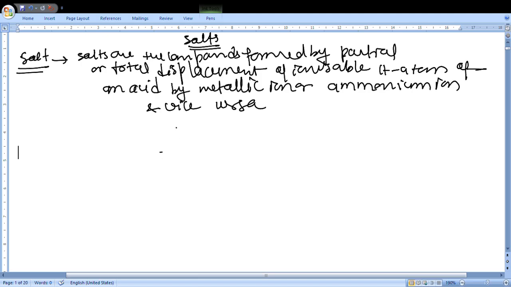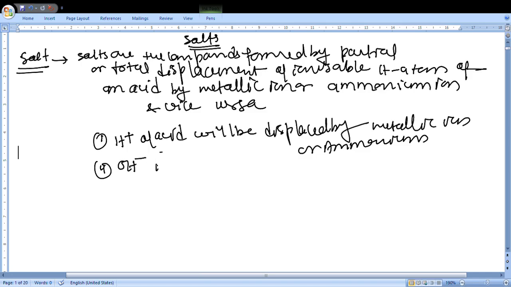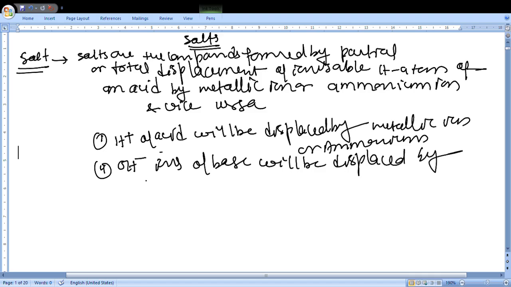Means in simple words that H positive of acid will be displaced by metallic ion or ammonium ion, and vice versa, meaning that OH negative ions of base will be displaced by non-metallic ion.